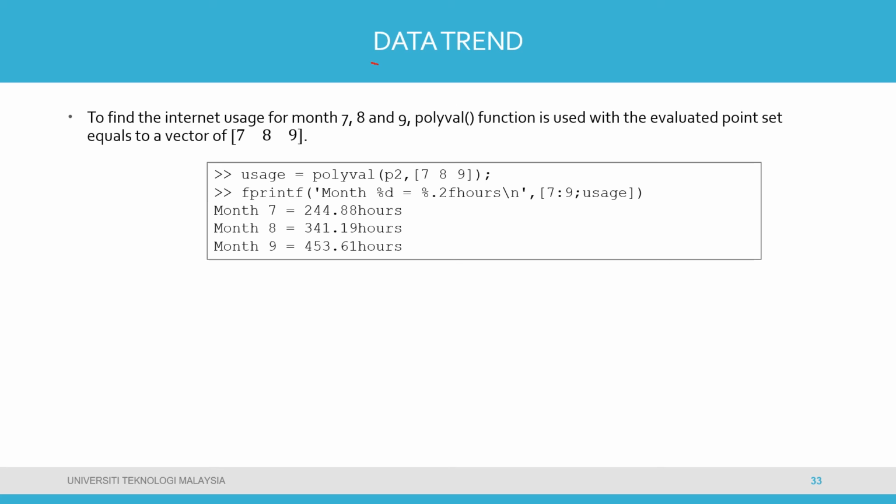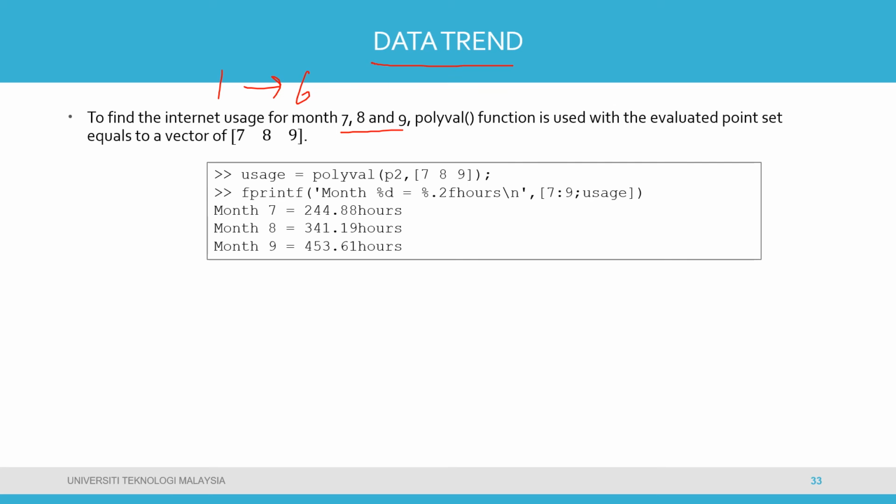Okay, after you get the polynomial function, you can estimate the future event. So to find the internet usage for month 7, previously it is given only 1 until 6.